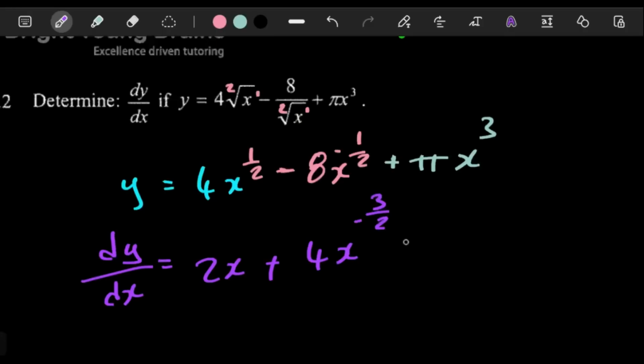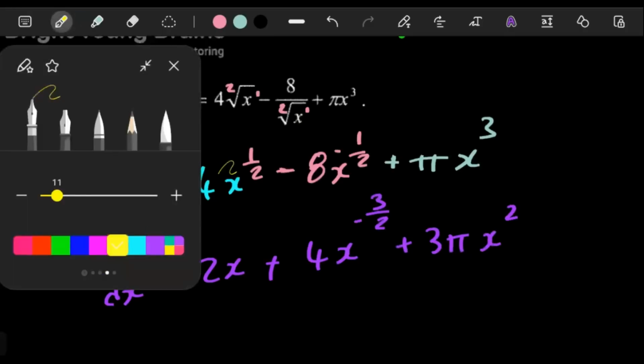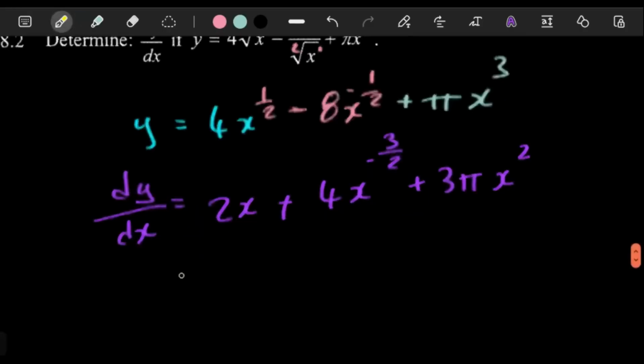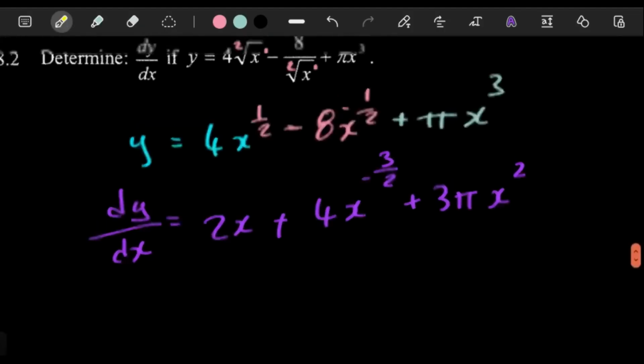And then differentiating 3 times pi is like 3 pi x squared. What do we do now? Well, we have differentiated, so we're done. Isn't this fantastic? Yes, it definitely is.